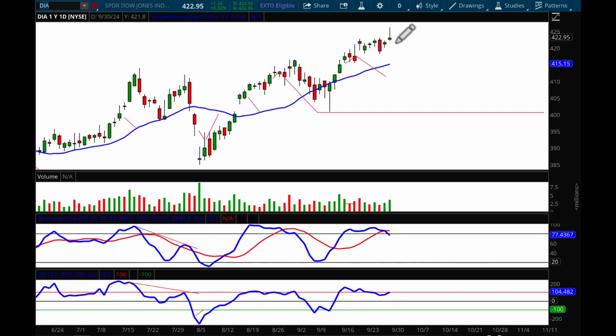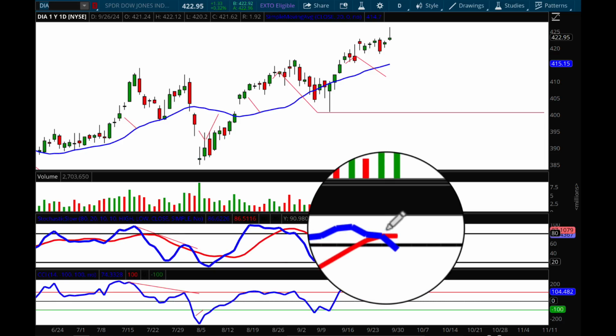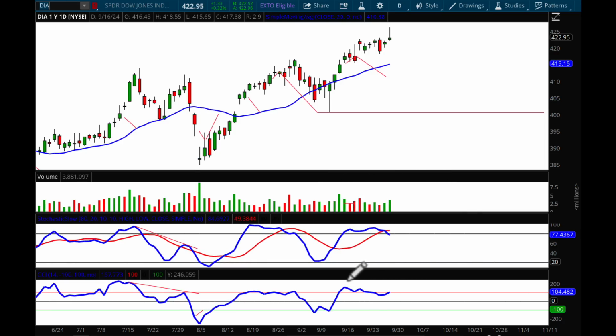Well, shooting stars are bearish 80% of the time, and I will tell you that this oscillator down here, the stochastic, is crossing with a sell signal, and we have a negative divergence right there on the CCI. The CCI is my most favorite oscillating index.